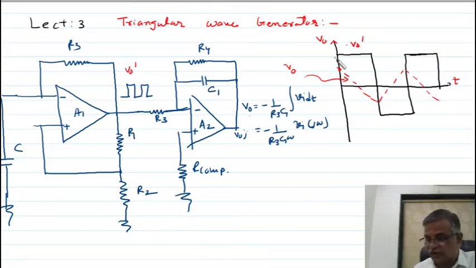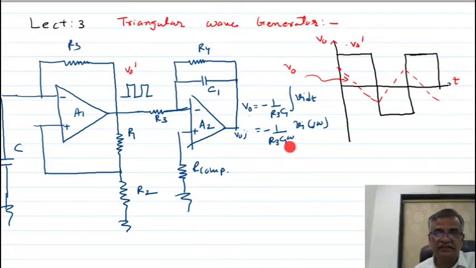This diagram shows that the frequency of the triangle wave is the same as the frequency of the square wave, but the amplitude is different. The amplitude of the triangle wave depends upon R3 and C1 and the amplitude of the square wave. The amplitude of the triangle wave decreases with an increase in frequency.